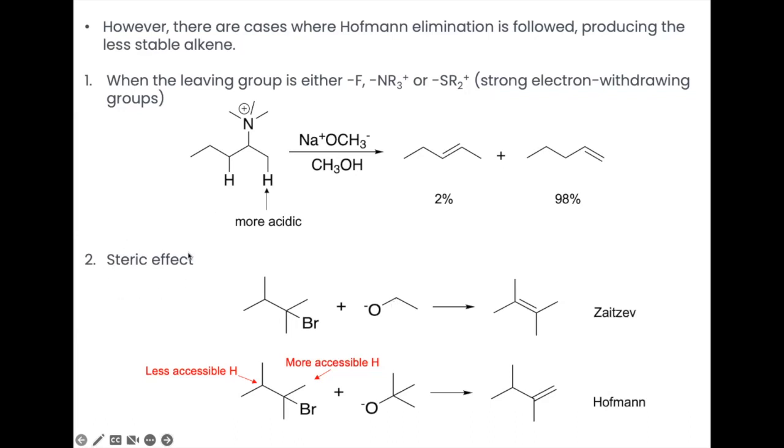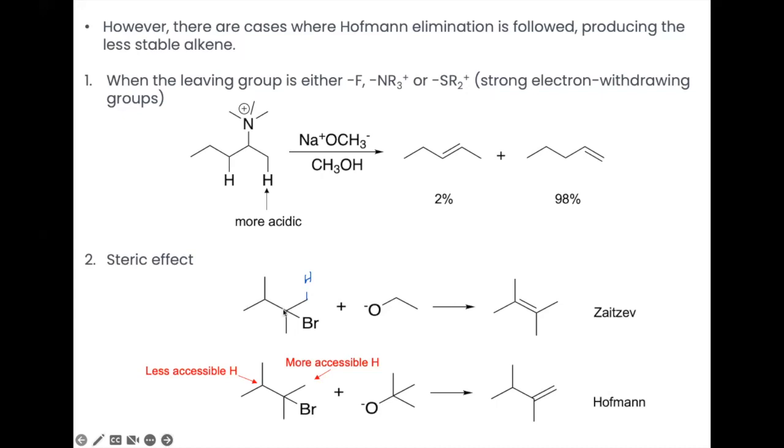Okay, another case will be brought about by steric effect. Okay, so this. Suppose there are two kinds of protons, right? You have this proton here. You can have this proton.